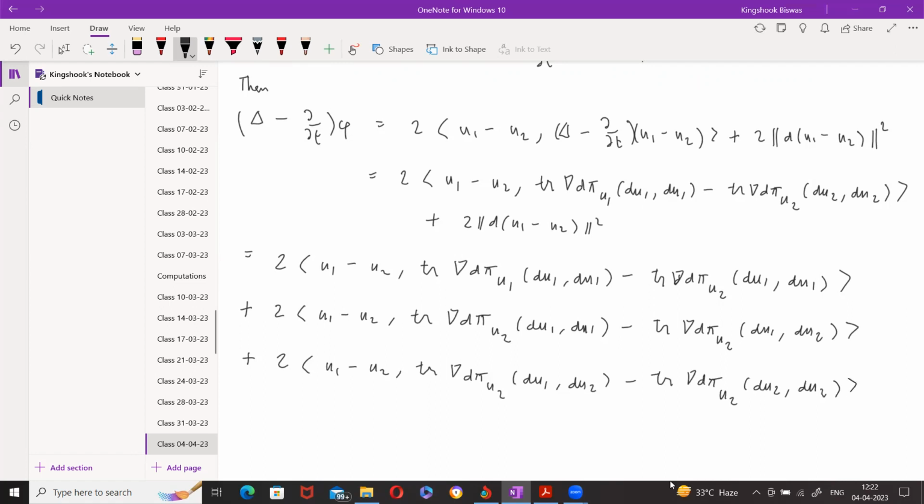Okay, so I've broken up this difference into a sum of three differences. All right, and then I have the last term. Is this clear?